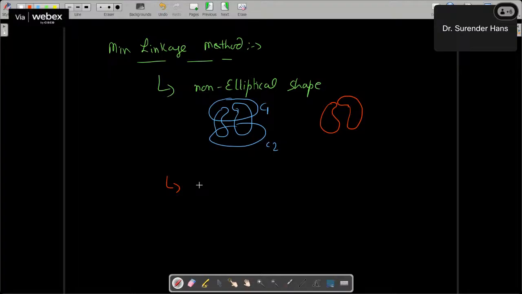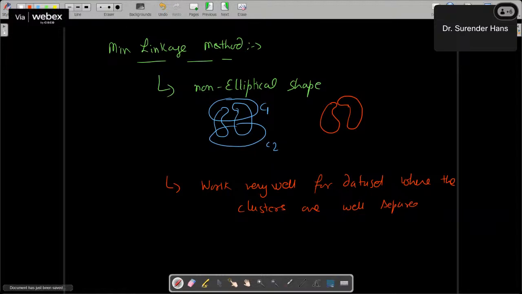That is an advantage. Now the disadvantage: it may not perform well when the clusters are close together or overlap, as it is sensitive to outliers.